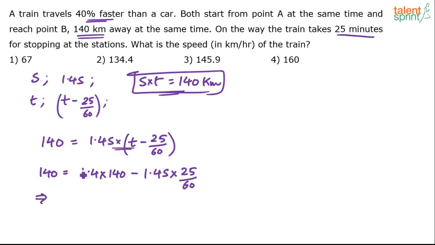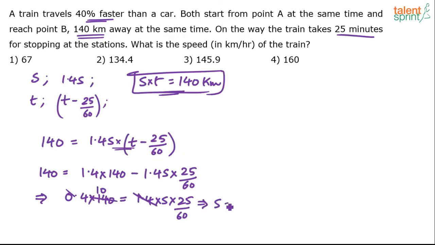So what happens? 1.4 into 140 minus 140 becomes 0.4 into 140, which is equal to 1.4 into s into 25 by 60. I hope you are able to follow the solution, right? I've taken 140 common, so 1.4 minus 1 is 0.4. 0.4 into 140 equals 1.4 times s into 25 by 60. Now, if you see, this decimal here and decimal here get cancelled, 14 goes 10 times, this becomes 40.